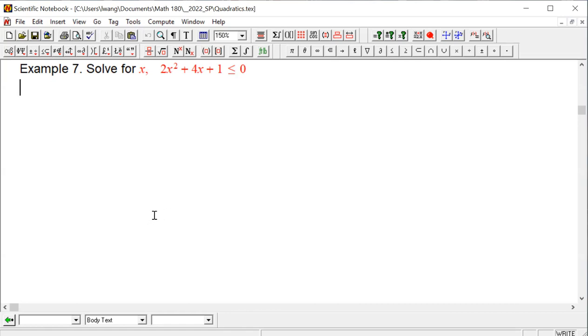And we don't have a perfect square here. Of course, we can make a perfect square if we want to. Do you want to try making a perfect square? How about we try that?